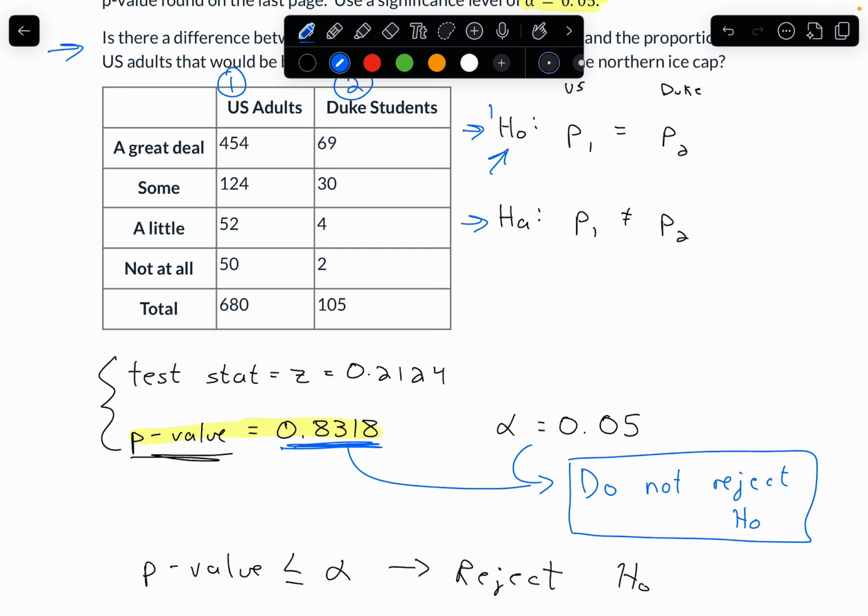So assuming that this H0 is true, what's the probability that we get a sample like ours or as extreme as ours? Well, if the null hypothesis is true, the probability that we get a sample similar to ours is roughly 83.18%. That's awfully high, which means that, sure, that seems like a reasonable thing to happen. So we should not change our minds. We should not reject H0.